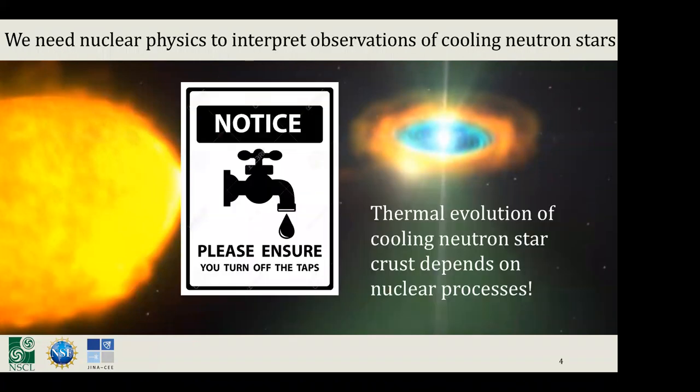But we also need the nuclear physics to understand what's going on once accretion has stopped. When the neutron star has entered its quiescent phase, when the accretion tap, so to speak, turns off and there's no more bursting, the thermal evolution of the cooling neutron star crust depends on nuclear processes that continue to occur in the outer crust of the neutron star.